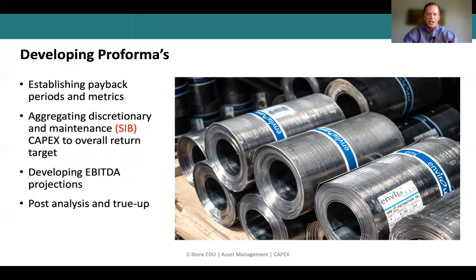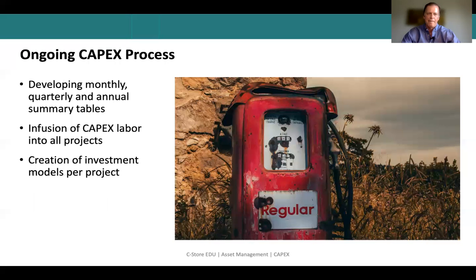If you don't watch this, you could think you're delivering all of these great projects, and then the post analysis shows that you're missing the mark by 5 or 10 or 15%. This keeps everyone in check to make sure that you're not having a runaway expenditure on CapEx.